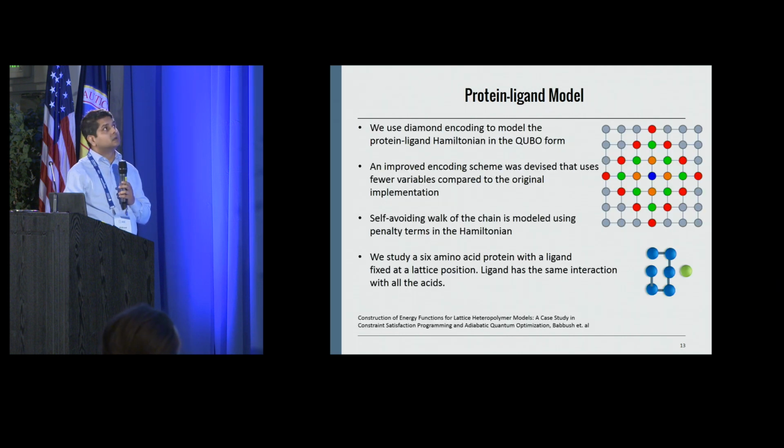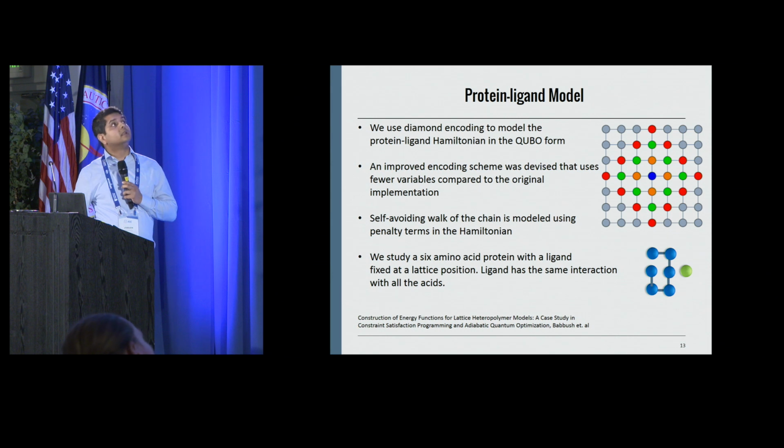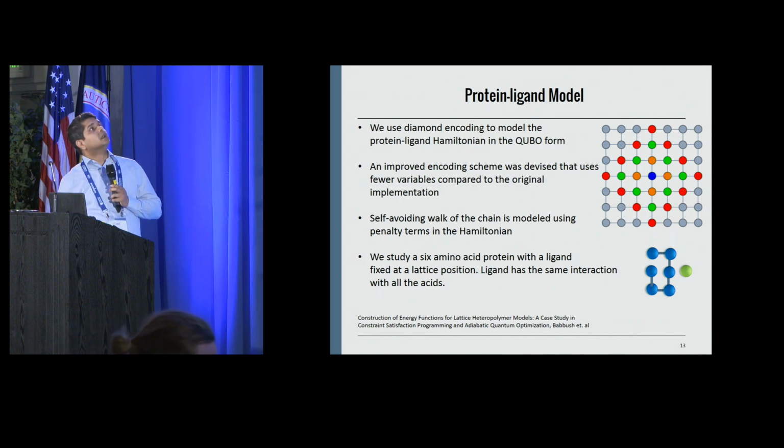So moving along, now I show you the protein-ligand case. That's what we are interested in. I'm not going to go into the details of the encoding scheme here. You can imagine that for D-Wave to run anything, it should be in QUBO form. People from Alejandro's group have already come up with nice encoding schemes which can be used to encode the protein model onto the QUBO form.